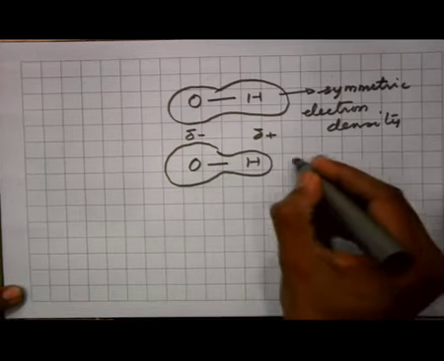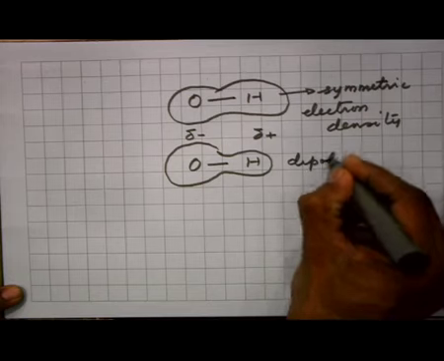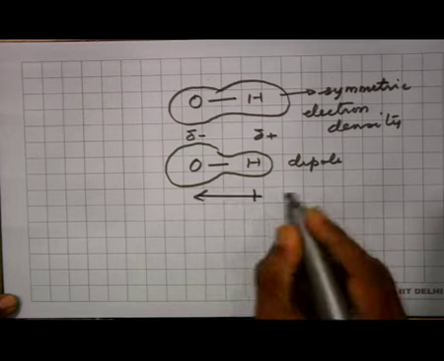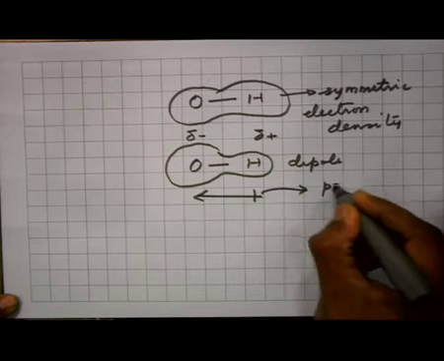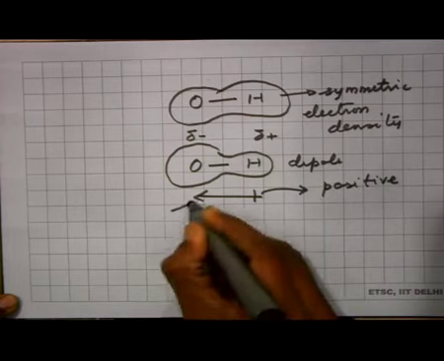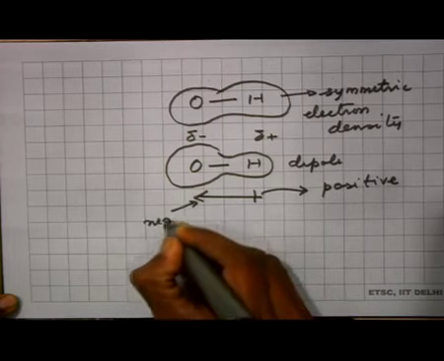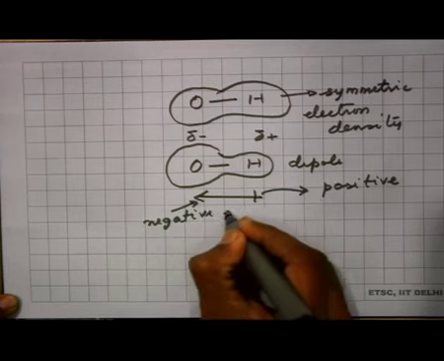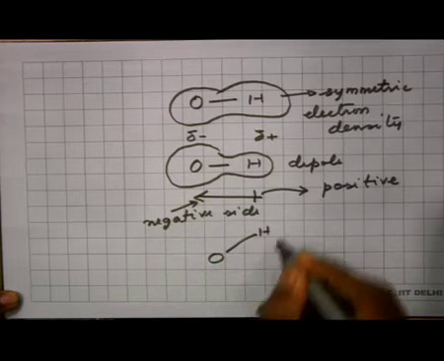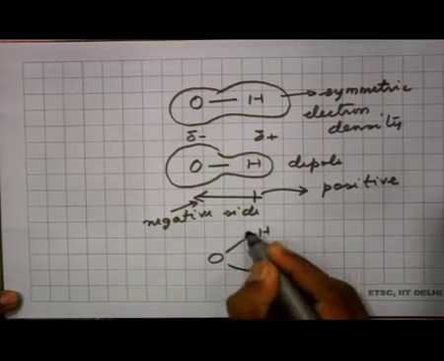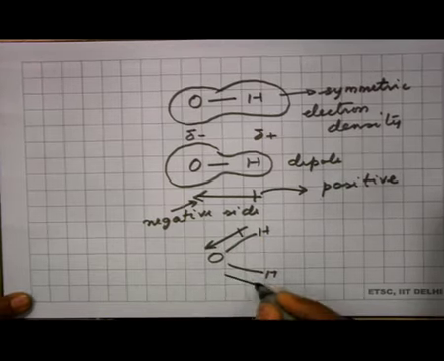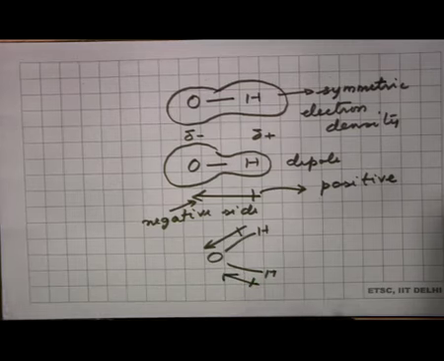This is what we call a dipole, and it is represented in this fashion, where this is the positive side and this arrowhead is the negative side of the dipole. So, in water I have one dipole oriented like this and another dipole oriented like this.